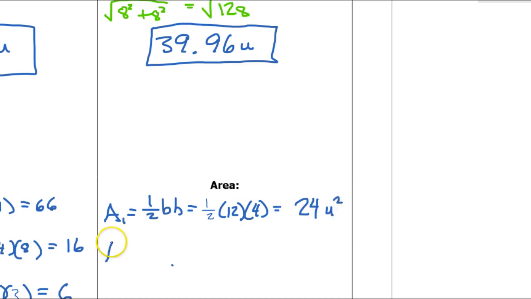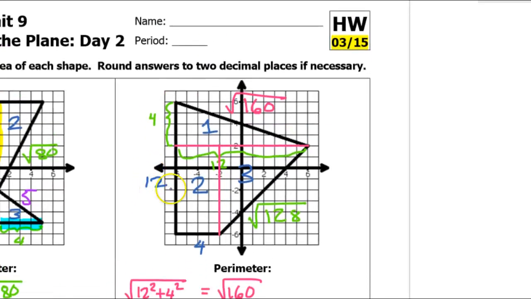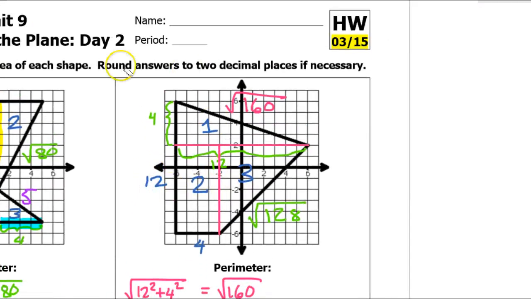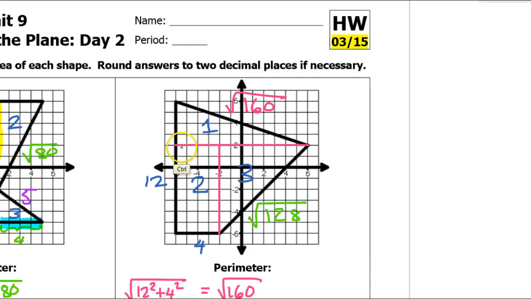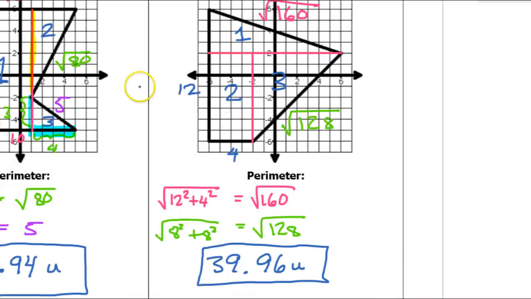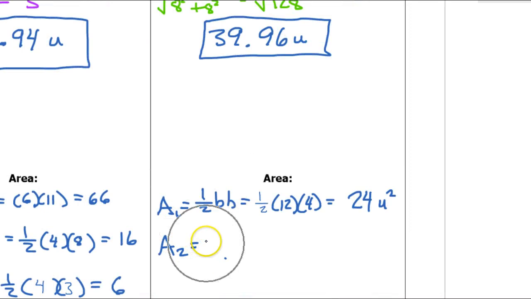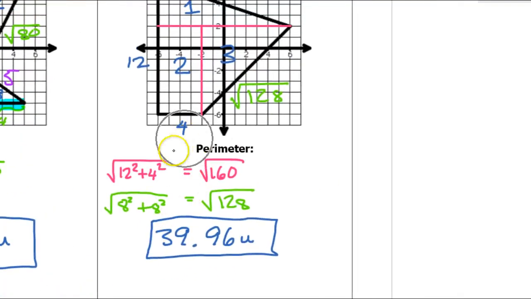All right, how about area number 2? Area number 2 is a rectangle. Let me erase a little bit of this. The area of a rectangle is just base times height. So what's the base and what's the height?